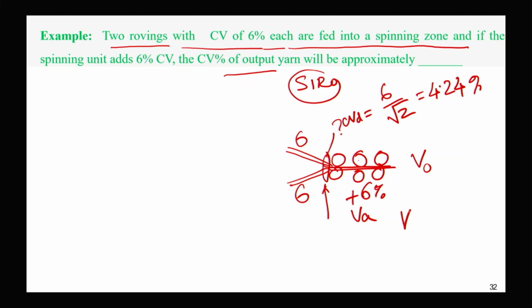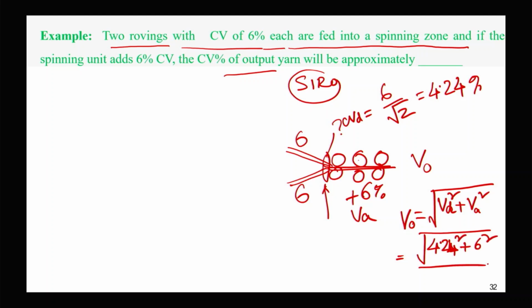So CV output will be under root of CV doubled square plus CV added square, so it will become 4.24 square plus 6 square.